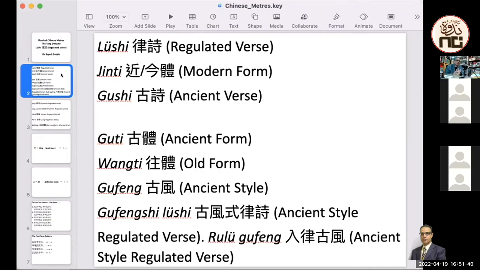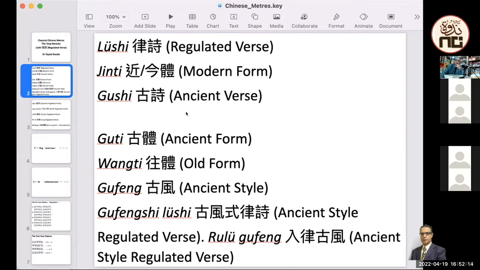And this comes in contrast to the gǔshī, right? The gǔshī is the ancient verse that prevailed before the Tang Dynasty. In the Tang Dynasty, during that golden age of Chinese civilization, the meter was much influenced by this ancient verse, by the way they used rhythm and meter.